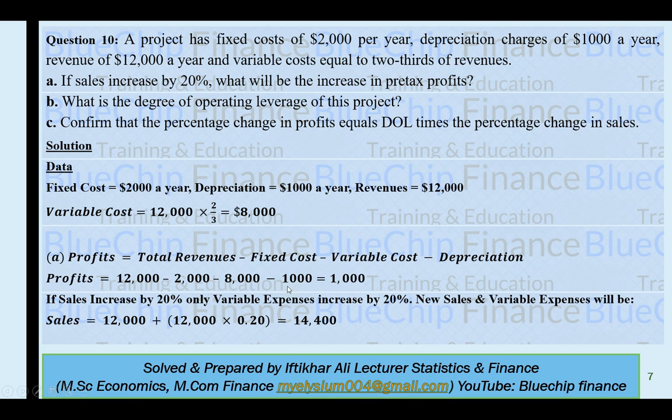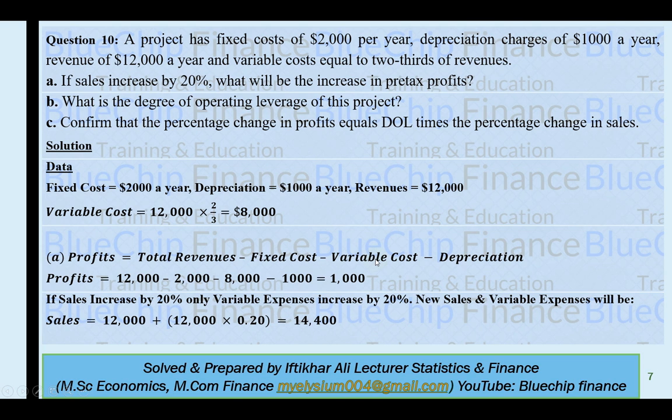And fixed cost, as you know the basics, is independent of the number of units, so there is no change in fixed cost, and the depreciation is also independent of the number of units, so there is no change in depreciation.